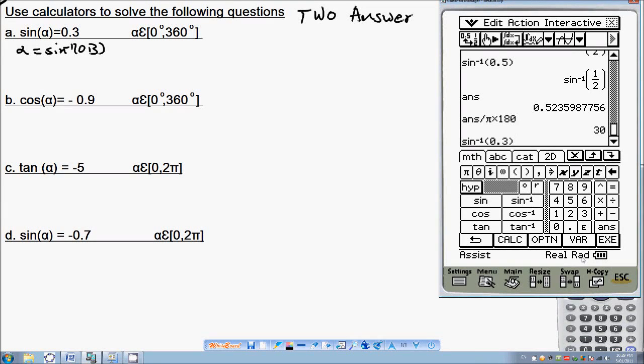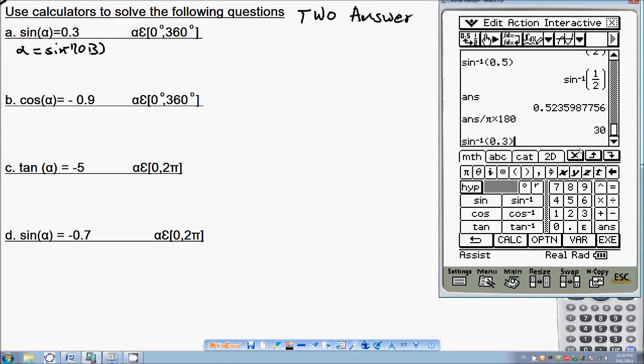Remember to keep your answer in radian form. I always recommend my students set their calculator in radians, because if you're always changing from degrees to radians, it's very easy to make a careless mistake, especially in an exam environment, where students get stressed and confused. In this practice I'm using radians.